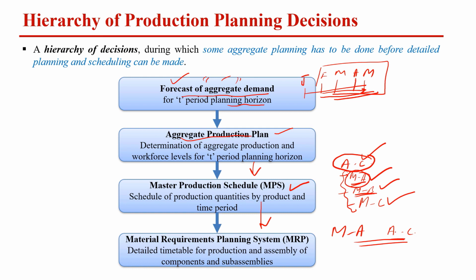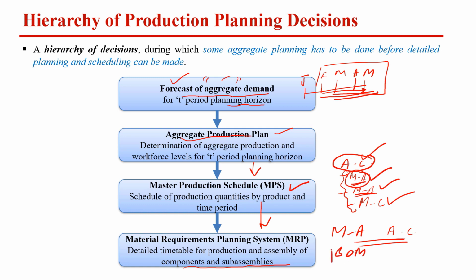But in an air conditioner, how many compressors are we going to use, how many tools, how many screws? All these components are called the assembly of components or sub-assemblies, which is basically the bill of material.